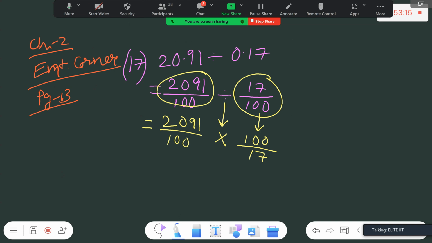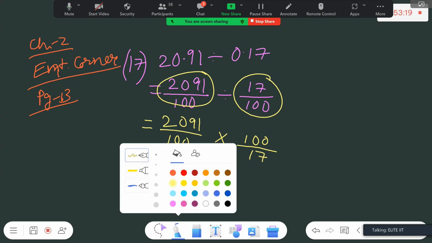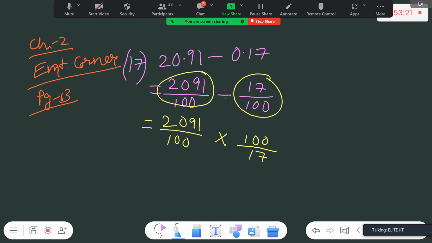Now when you multiply these two fractions, what do you do? We can cancel 100 and 100 here. 100 ones are 100.